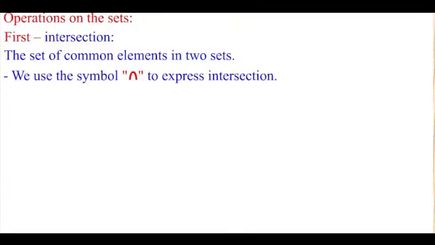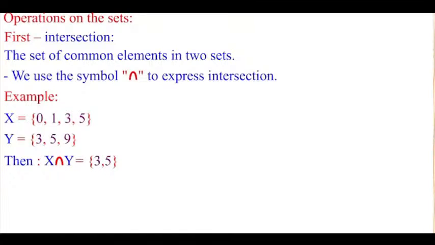Operations on the sets. First, intersection. The set of common elements in the two sets. We use the symbol intersect to express intersection. Example: X equals the set of 0, 1, 3, and 5. Y equals the set of 3, 5, and 9.